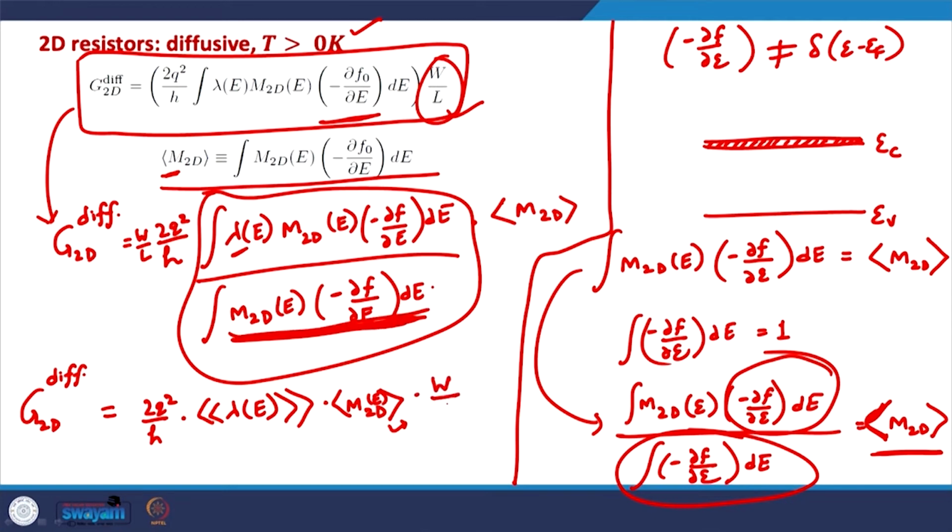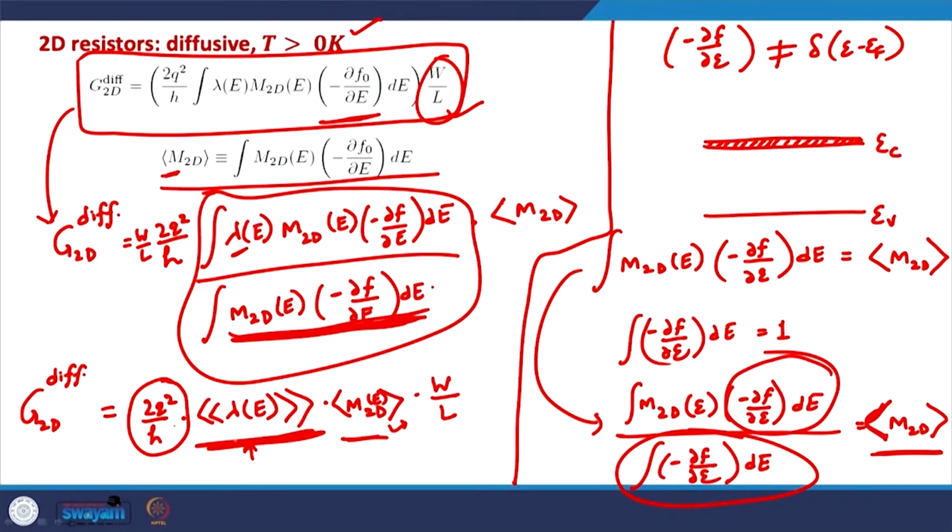Times W by L. So, now what we can intuitively say is that the conductance is given by the quantum of conductance multiplied by the average number of modes in the Fermi window times the average mean free path of electrons in the modes in the Fermi window.